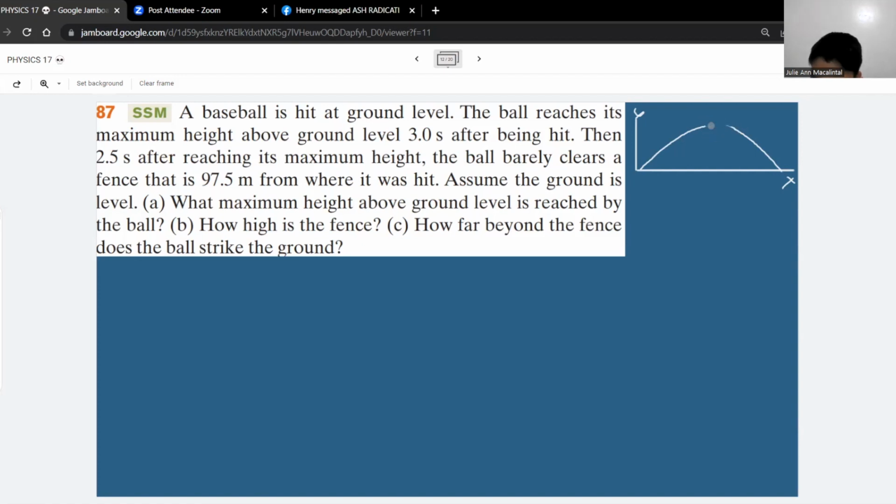So, yeah, sketch ko din. So, ganito. Tapos, ito yung maximum height. Ito yung 5.5 seconds, 3.0 seconds, and then yung height dito is... so yung distance dito ay 97.5 meters.